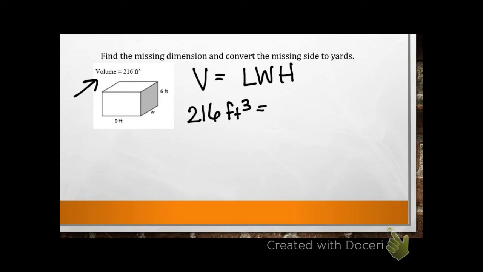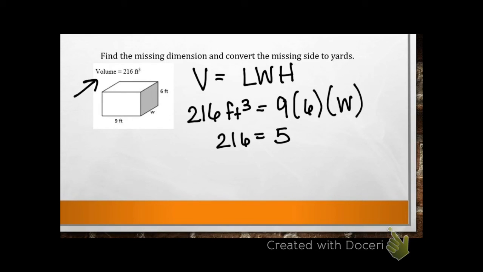All right, and it's times, I have 9, I have 6, I am missing the width. So I'm going to go ahead and simplify this. I'm going to say 216 equals, what is 9 times 6? 54 times W.